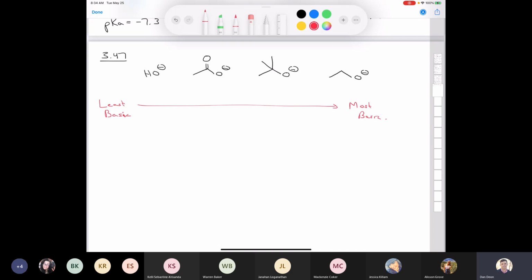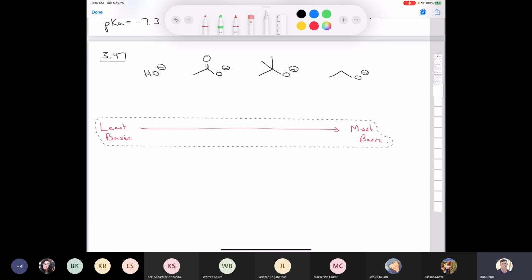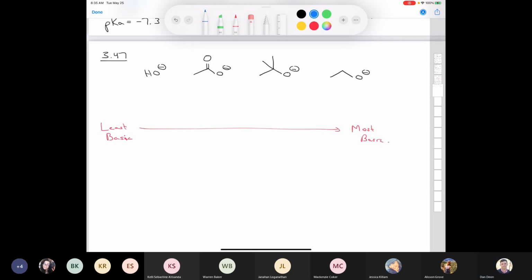So how would we do that? Since we don't know what the pKa's of these conjugate bases are, but we know the pKa's of their conjugate acids, don't we? We can, just from our table 3.1, we know the pKa's of all the conjugate acids. So here I'm going to write pKa of conjugate acid.